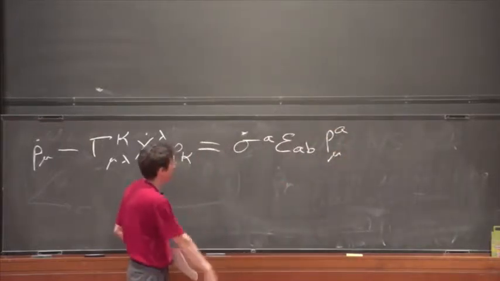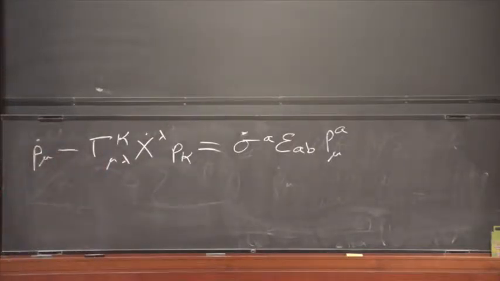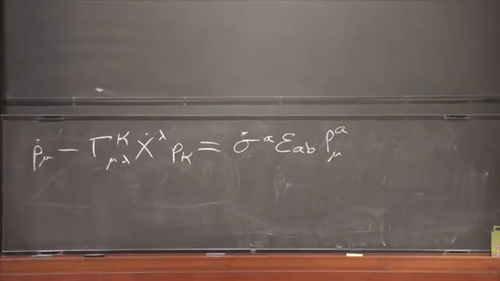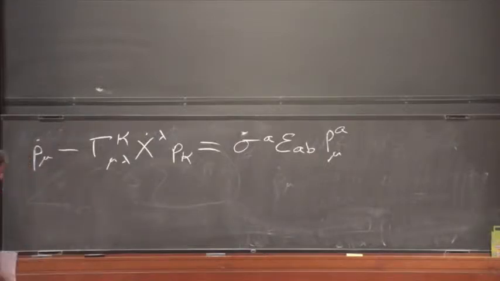Now, if only this right-hand side happened to be 0, we'd be in business, because then this equation would describe the way the momentum is propagated along a null geodesic, and along with the definition of momentum as basically x dot, you would then conclude that this is the geodesic equation.